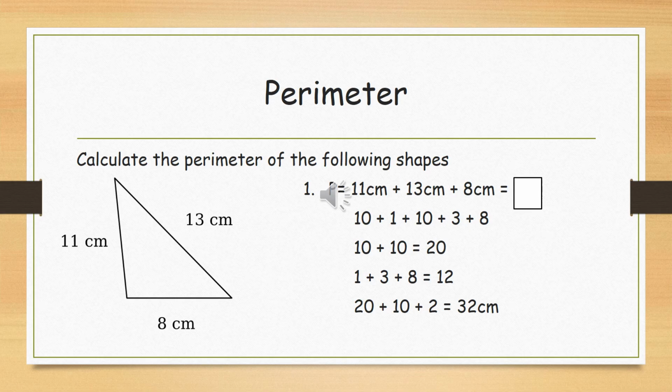Now you're going to calculate the perimeter of the following shapes. I've done the first one as an example for you. It's a triangle, and you can see the different lengths are 11 centimeters plus 13 centimeters plus 8 centimeters. If you add those all up using our usual addition method, you should get 32 centimeters.